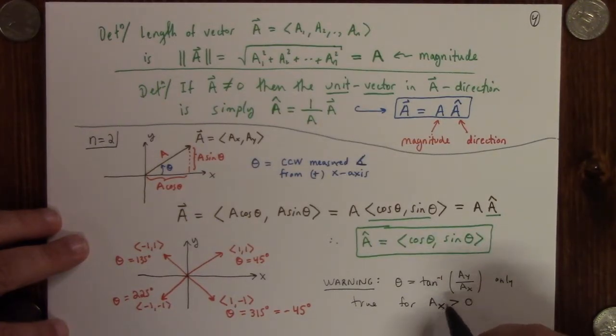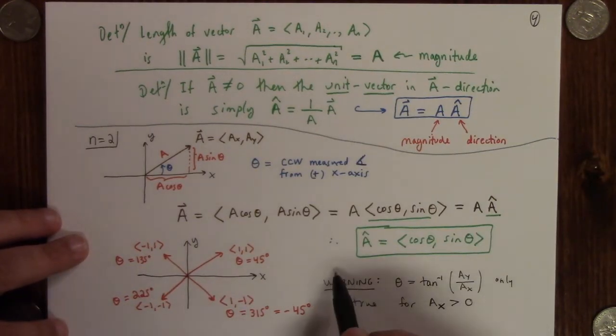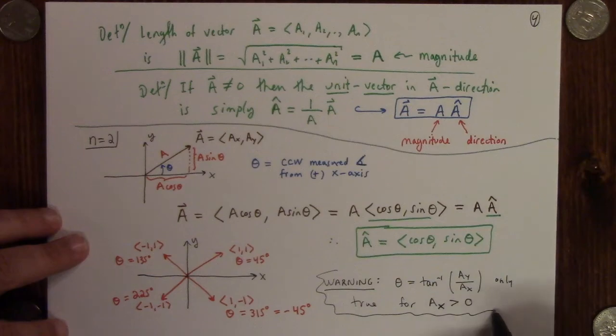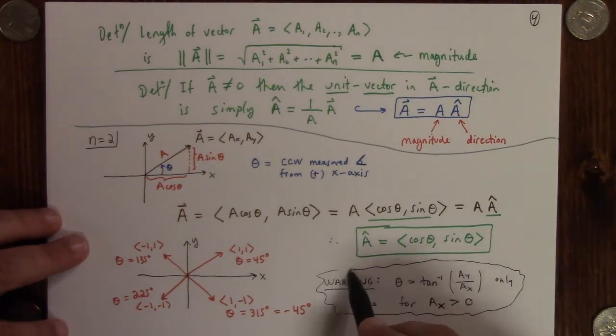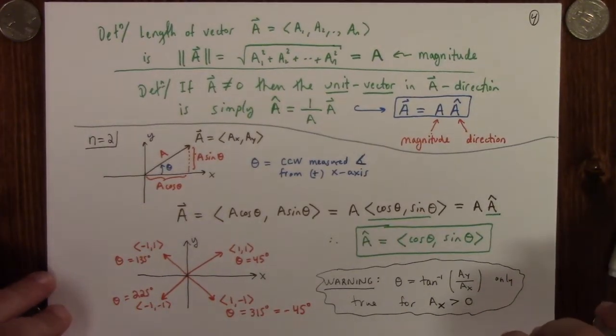The inverse tangent will mislead you in quadrants 2 and 3. So you have to work through the trigonometry to find the standard angle. Of course, I hope you already did that in your previous course. If you didn't, that's why I'm warning you right now. Okay, so with that, we move on to dot products.